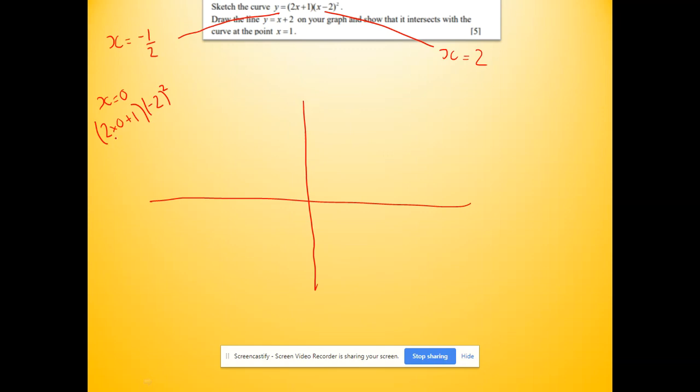So that gives me 4, which means that we get 2 times nothing is nothing, so we get 1 times 4, which means it is crossing at 4, which means that up here, it is 4. So we've now got negative a half, so that is negative 1 half.